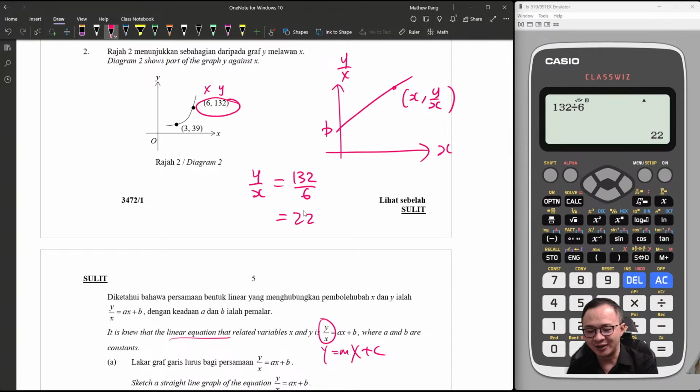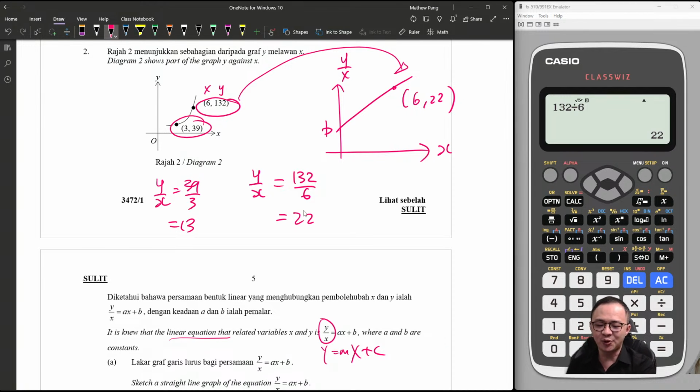So that means this coordinate goes into this graph, x remains the same, so it will be 6, 22. You get what I mean? Same idea for this one. I want to do y over x. My y is 39, my x is 3, then this is 13. So this coordinate is converted into here. It's called 3, 13.